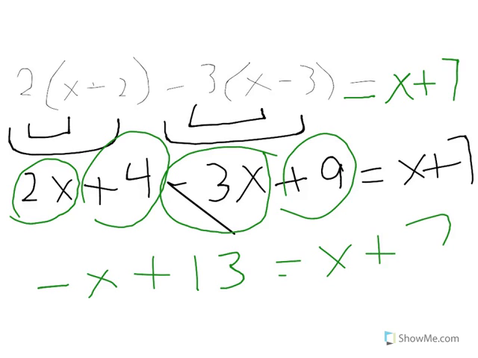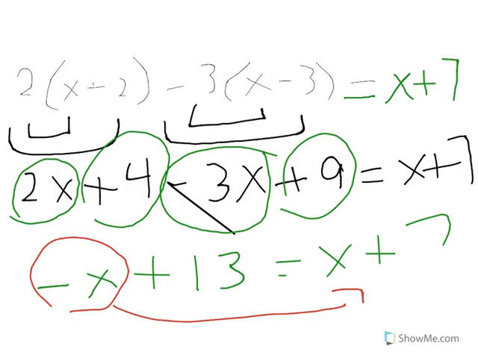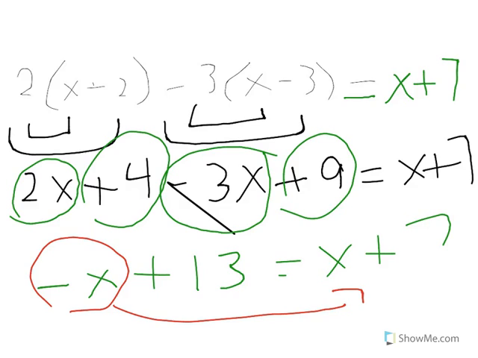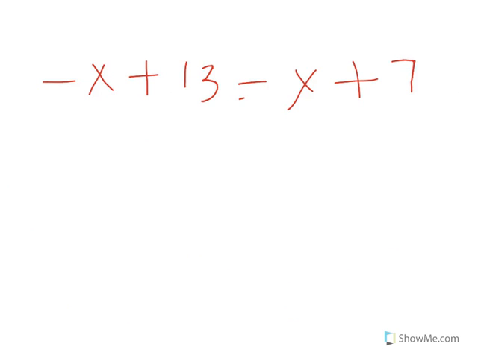Now what I will do is I will bring the x over here, to the positive side of x. So I will rewrite this on another page. Minus x plus 13 equals x plus 7, right? So I'll bring the x over there.